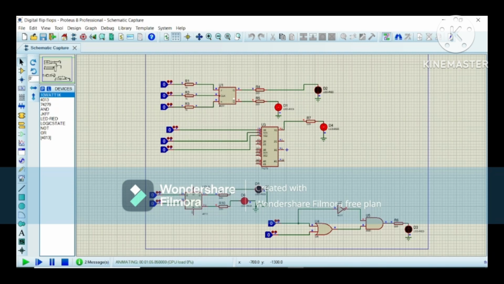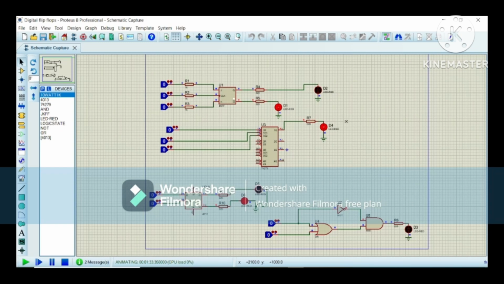And well, for a conclusion, we can say that flip-flops are sequential digital circuits that store a bit of information and change state based on the clock. We have many types of flip-flops. We have the set reset, that is this.